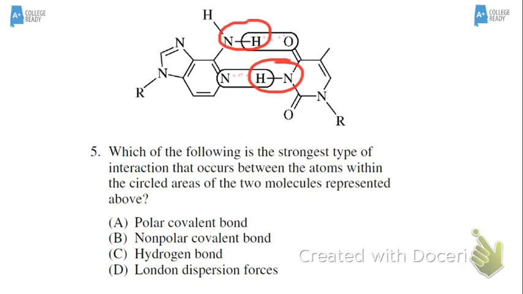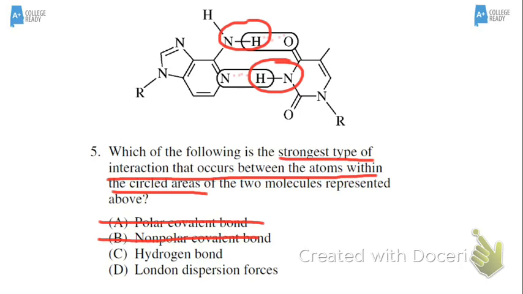Now, going down here and looking at which one it is not, polar covalent bond. Those things are not bonded together, so polar and nonpolar covalent bonding can be eliminated. Because remember, it asks us strongest type of interaction between the circled areas. Those things are not connected to each other.